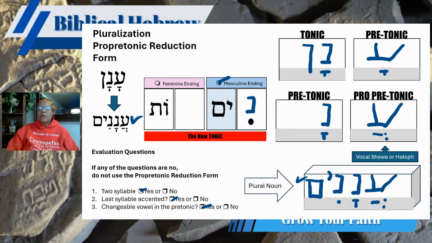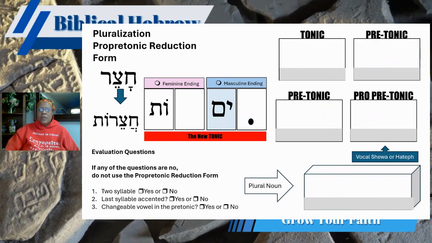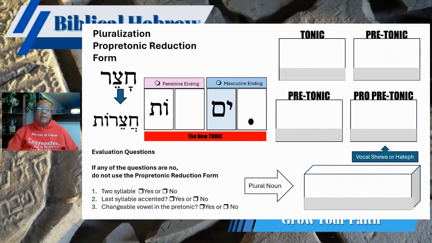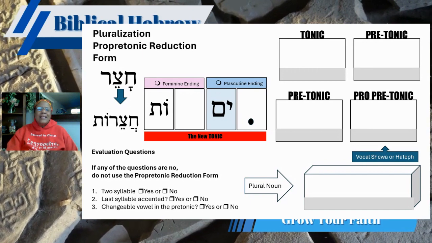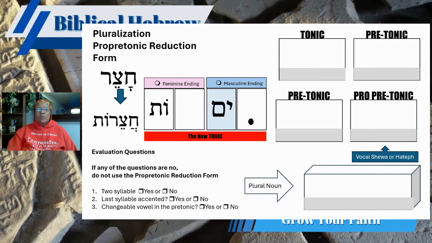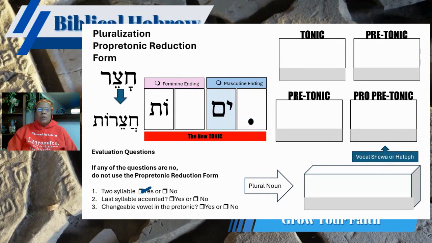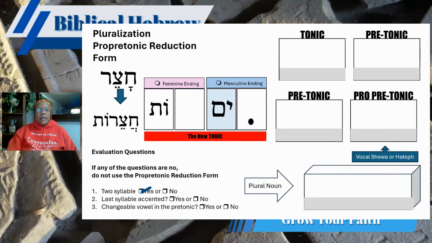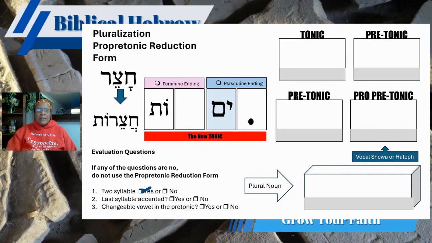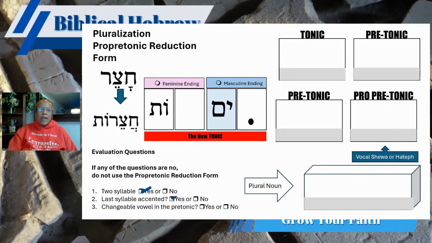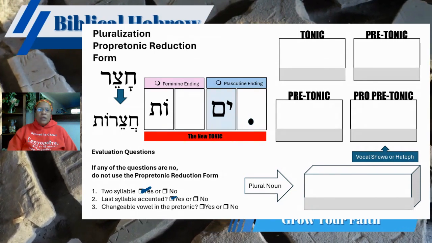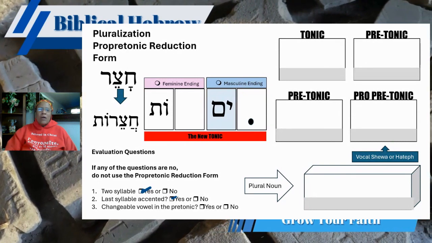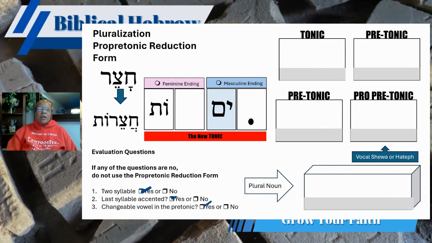Let's continue on. This next word we're going to look at is the chaser. So that is a two-syllable word. We're going to evaluate the last syllable, which is the accented syllable, because I don't see any other accents. And we're going to determine if the sere is a changeable vowel. And yes, it is.